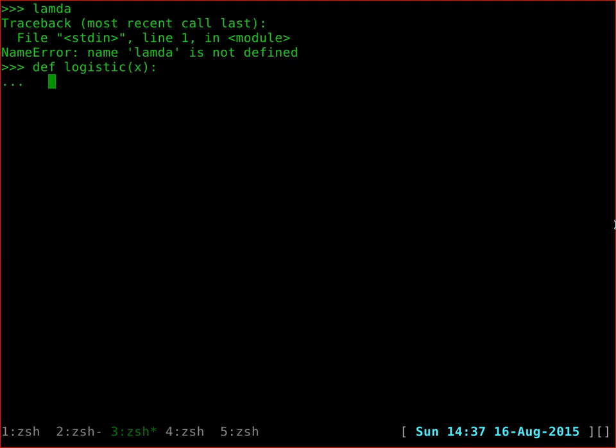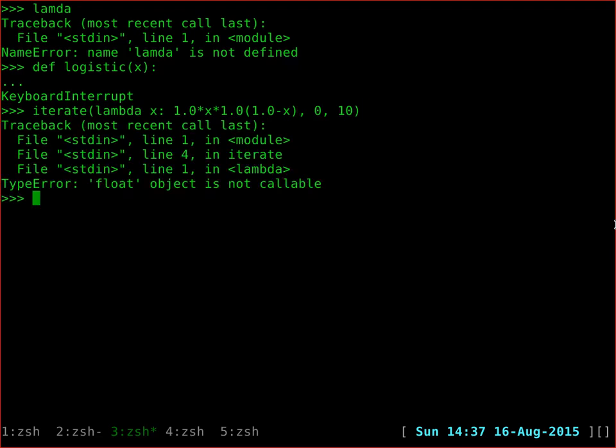Let's write iterate lambda x, with c as 1, x into 1 minus x, and iterate this 10 times, starting from 0.